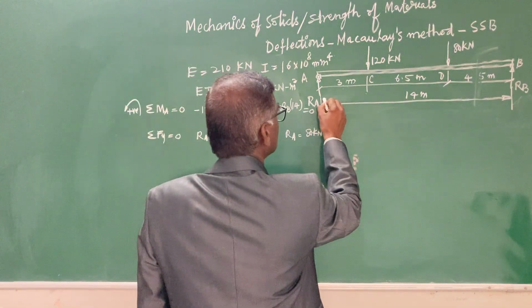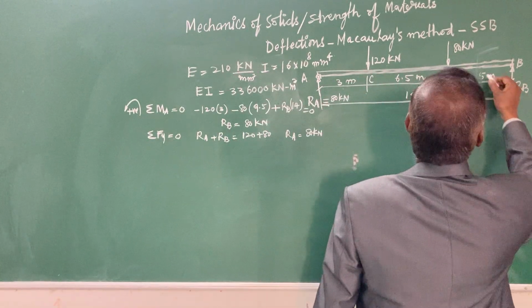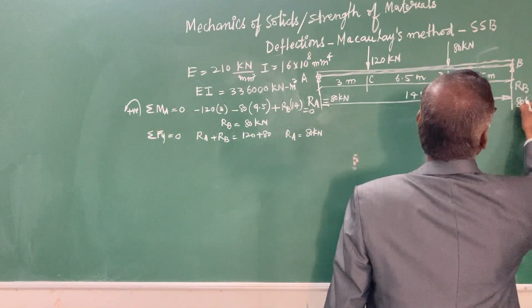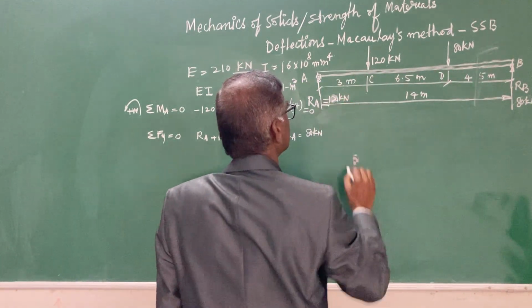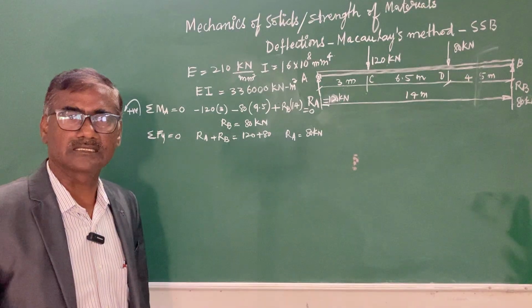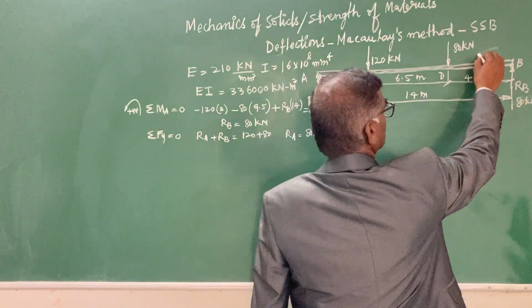RA is 80 kilonewtons and RB you got as 80 kilonewtons, and the left one is 120 kilonewtons. Now you have to select a generalized bending equation in which all the loads are considered.